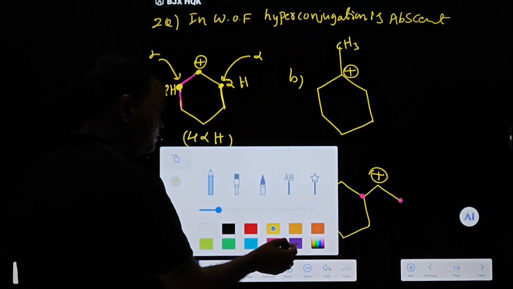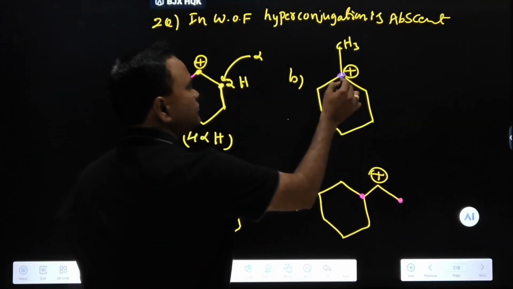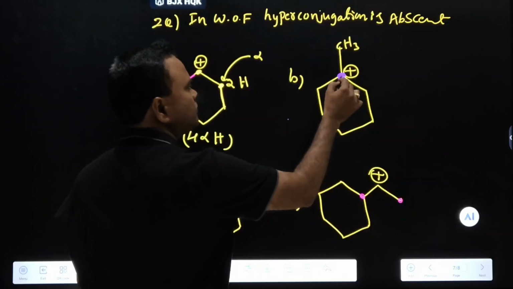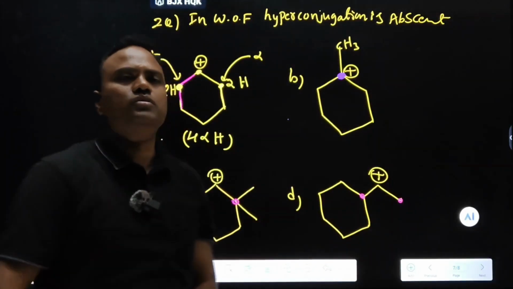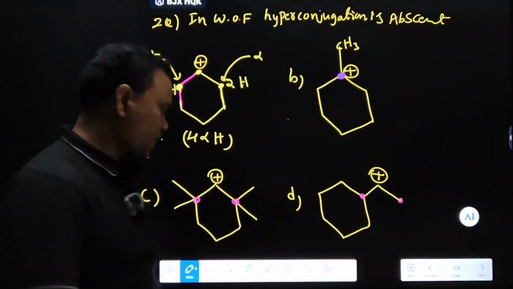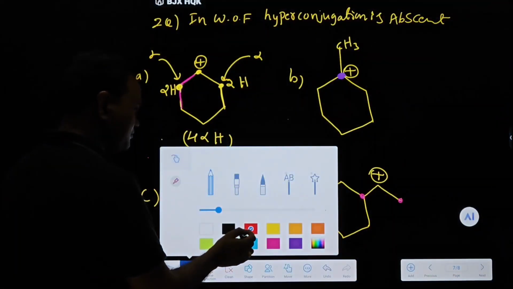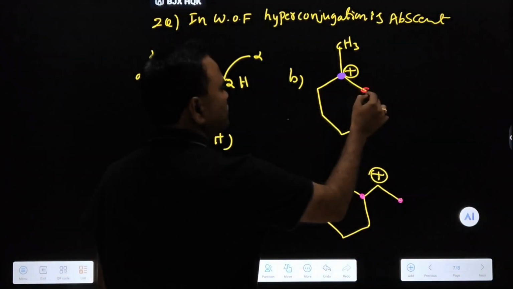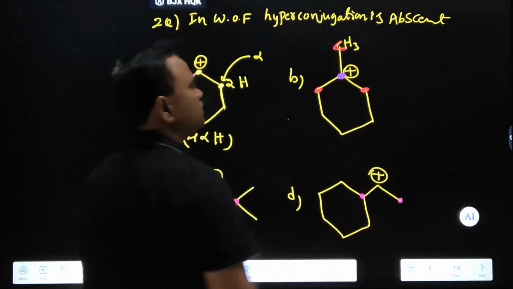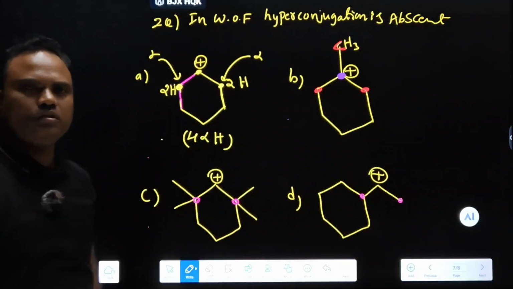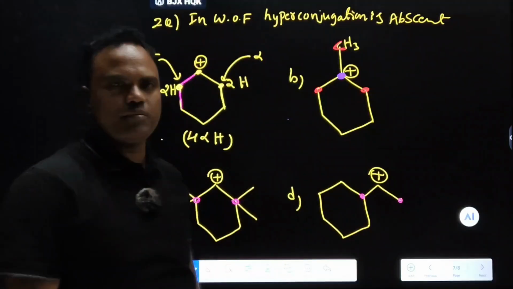Take different color. This violet carbon. This violet color carbon is connected to how many carbons? 3 carbons, right? This is one carbon, this is one carbon, and this is another carbon, red color. Those are alpha carbons.